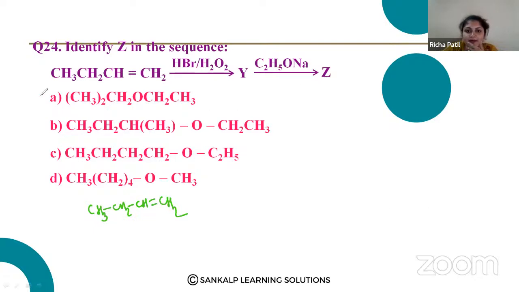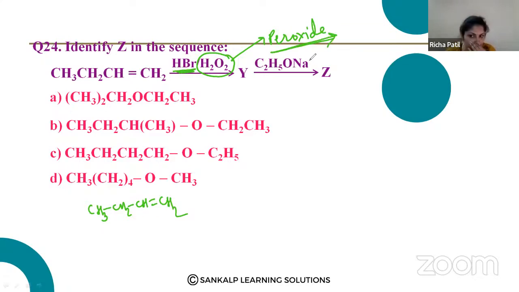How will you follow it? First is HBr. There is an unsymmetrical alkene present. Whenever you add HBr in the presence of H2O2, which is a peroxide, across a double bond, what will it undergo?